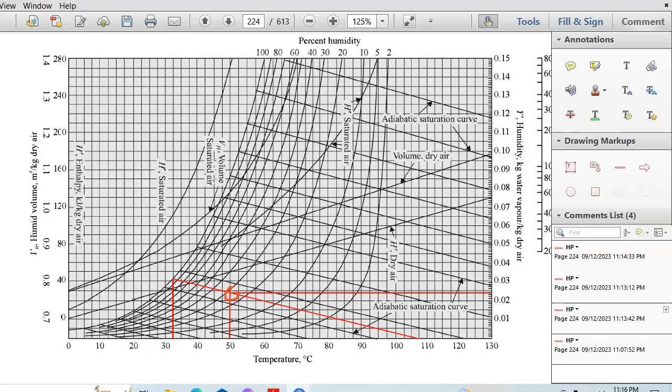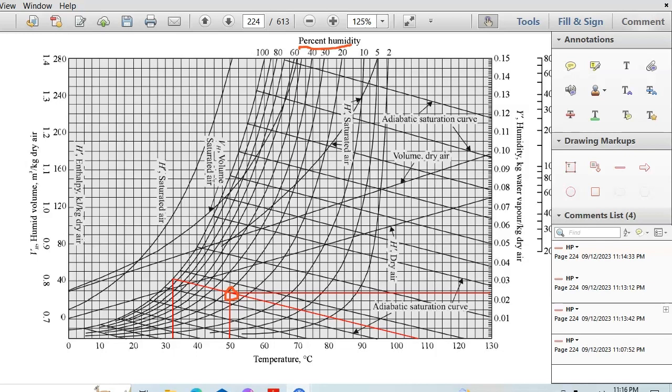Here we can see the percentage humidity curves: 2%, 5%, 10%, and saturated humidity is 100%, 80%, 60%, 40%, 30%, 20%. From the point of interest, we also draw a curve like this, like 30% and 20%.